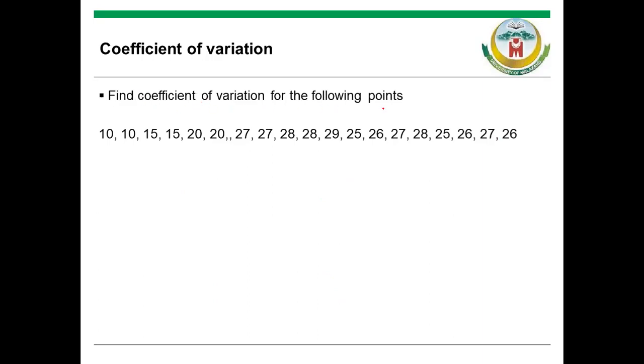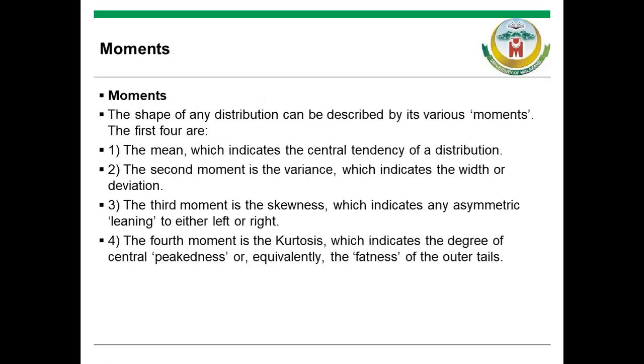Find coefficient of variation for the following points. So here you have first to find the mean and then standard deviation, and from these two calculations you can compute the coefficient of variation. So you can do this as homework.